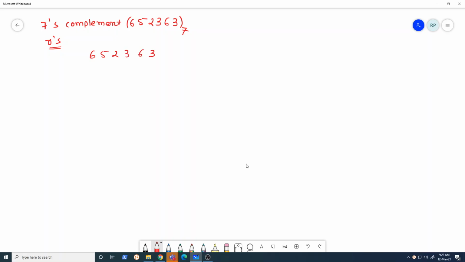Start from the right-hand side, then subtract this number from r. Is it an r's complement? So subtract from r, and the rest from r minus 1. So r is 7, the rest is 6, right?